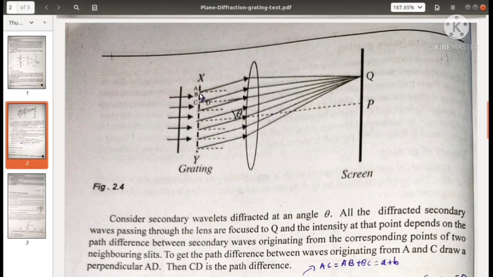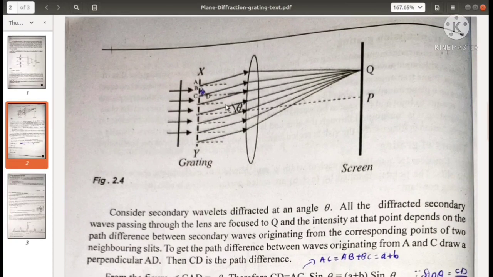If we consider a ray coming from the middle of AB, then we have to consider another ray coming from the middle of CD, which are called corresponding points. So corresponding light rays are considered here, and the path difference between these two rays is this much, that is CD. Beyond this CD, the path difference is 0 at this point.